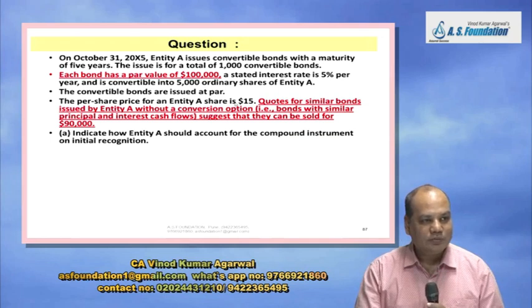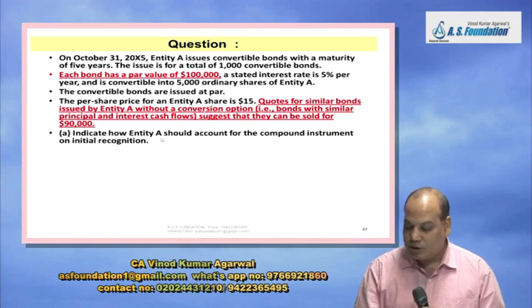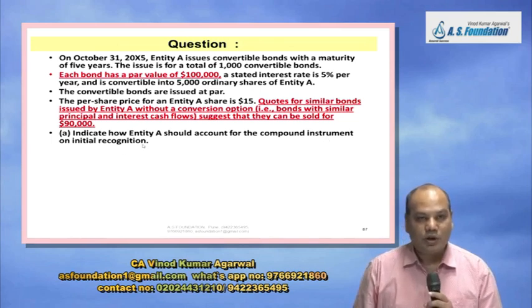Is it right? No. Ignore this. 90,000 is the present value of a bond with similar features without conversion option. Indicate how entity A should account for the compound instrument on initial recognition.